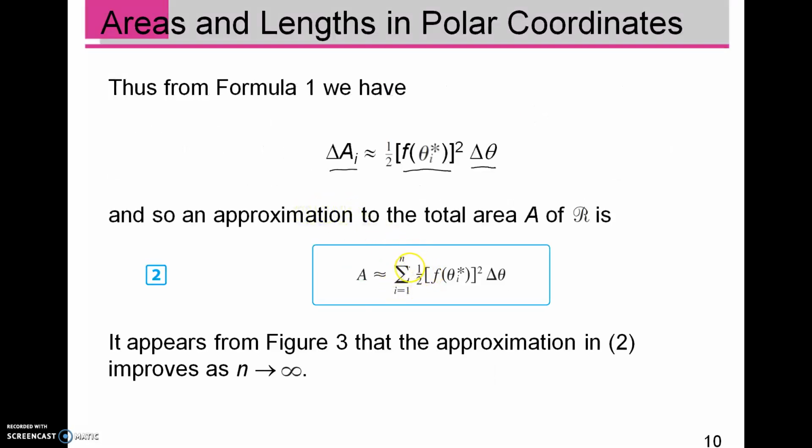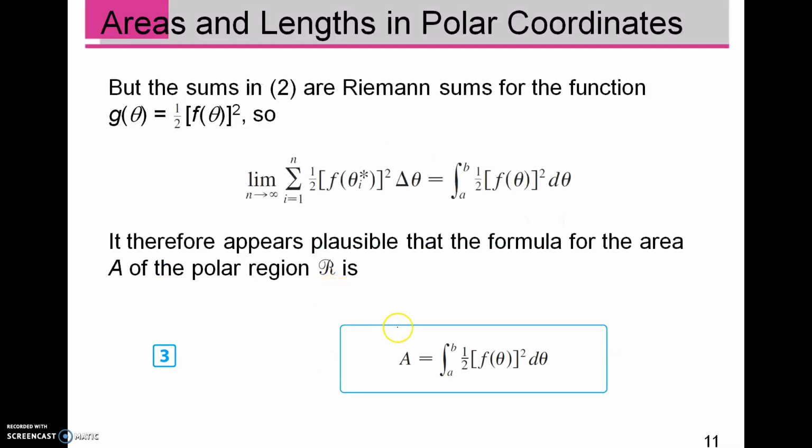So we're just going to plug it in and do the summation of all those smaller areas, those smaller delta A's from 1 to n, and you'll notice where we're heading here. So as n approaches infinity, we now have this general formula for the area of R. So area equals the integral of 1/2 f of theta squared d theta from a to b.